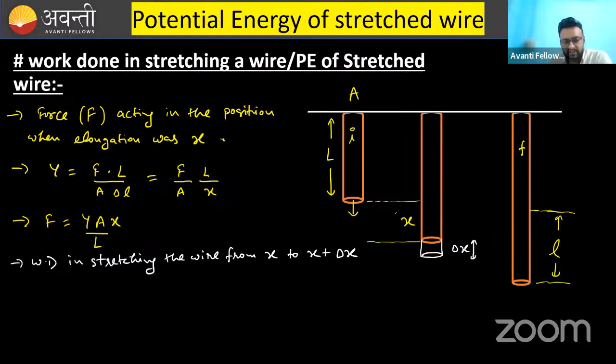So what is the work done? Small work done dW is equal to force into displacement, a very small displacement dx. Force is Y A x divided by L. What is the displacement? dx. This is the work done in a small displacement dx.